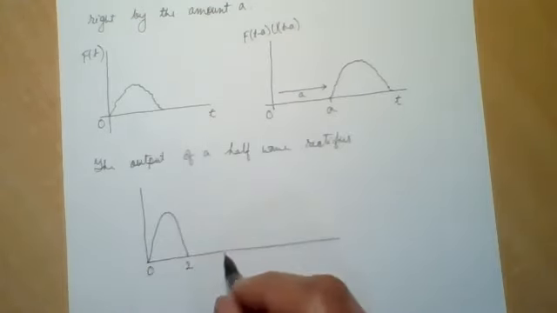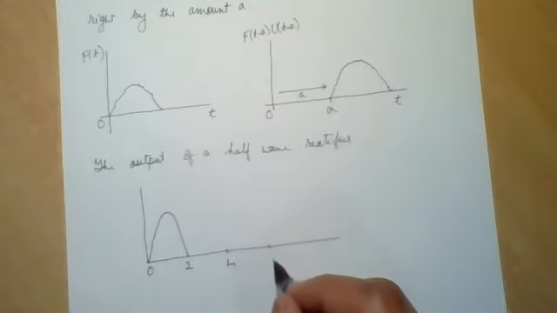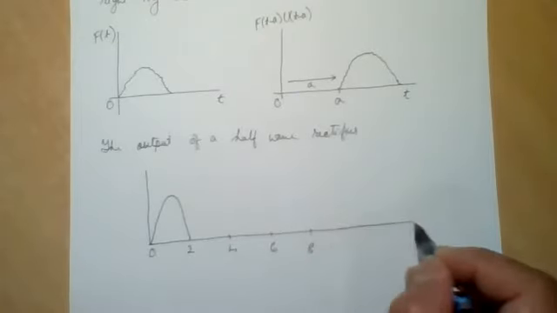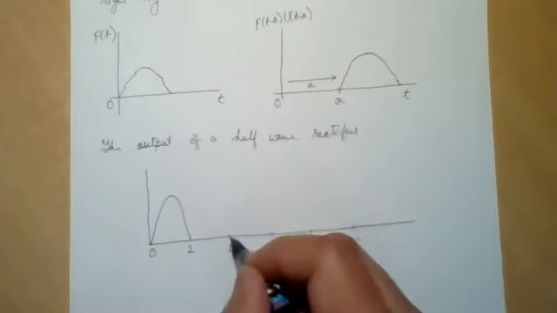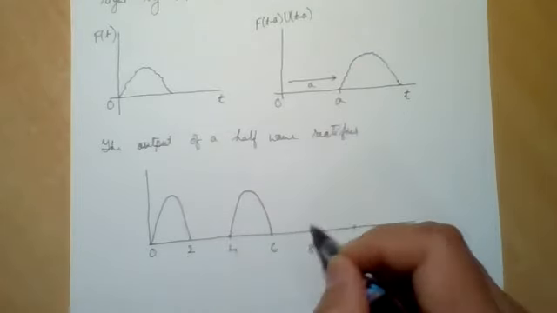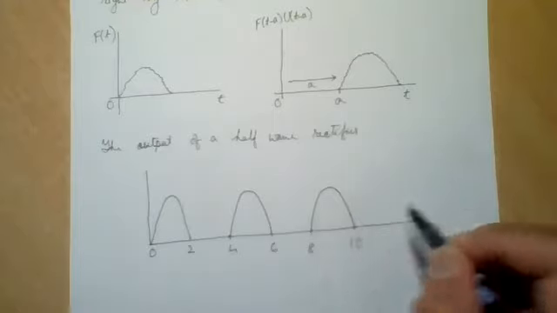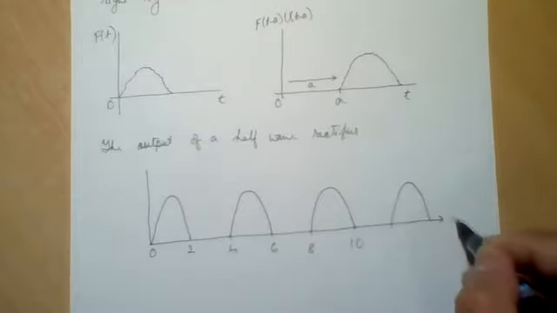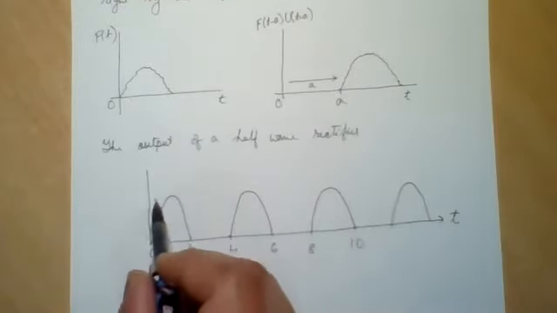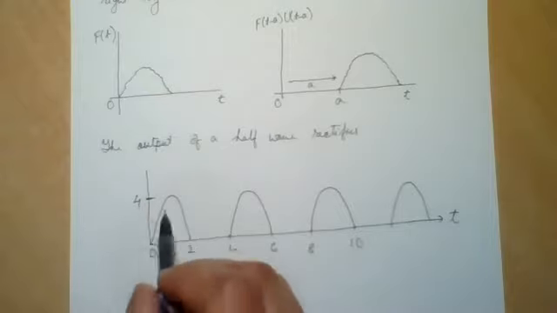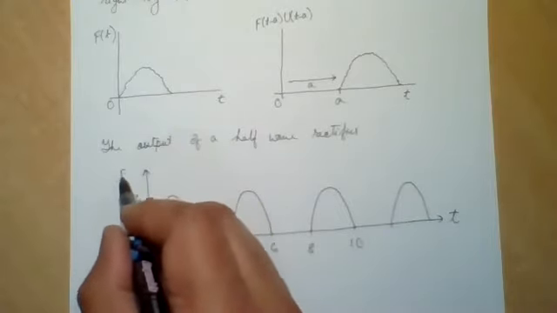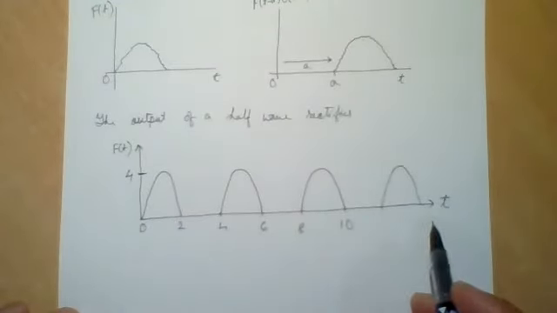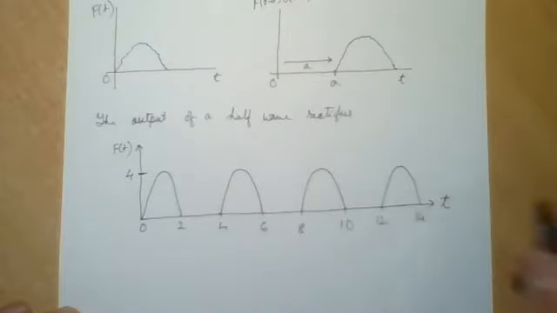This is 0, this is 2, this is 4, this is 6, this is 8, this is 10, and this is 12. This is t. Say this amount is 4. This is f of t. Suppose this is the output of a half-wave rectifier. This is 12, this is 14, and so on. This will continue.